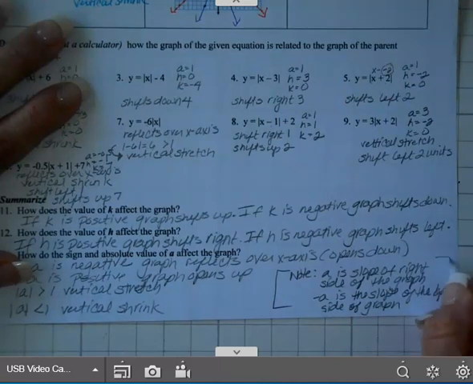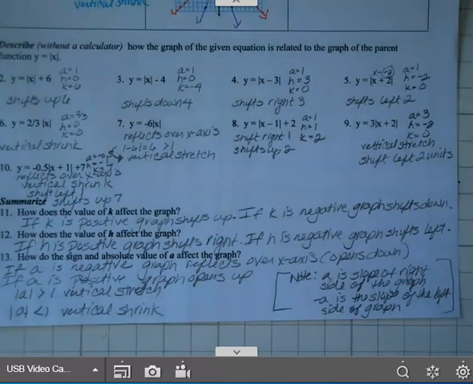And the vertex is the breaking point between the left side and the right side. And this concludes our notes for the day.